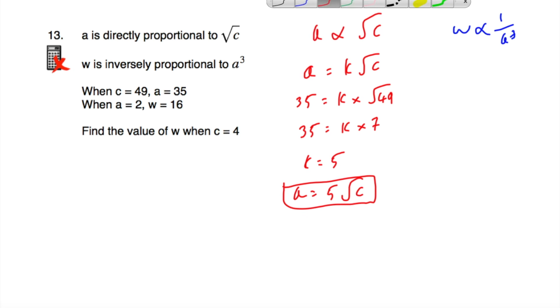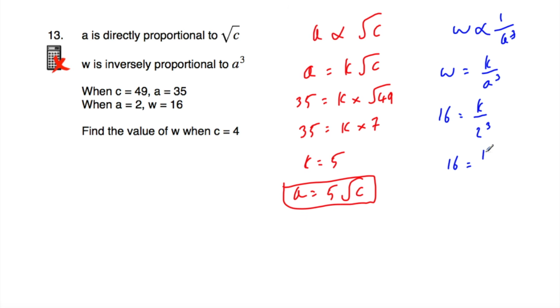Now if we have a look at the other one, I'm just going to go back over to here. We know that W is inversely proportional to A cubed. So let's get rid of the proportionality symbol. W is equal to K over A cubed, just multiplying the right hand side there by K, or just putting it on the numerator. Now, let's substitute in the information we've been given, that whenever W is equal to 16, A is 2. 2 cubed is equal to 8, so it's going to be 16 is equal to K over 8.